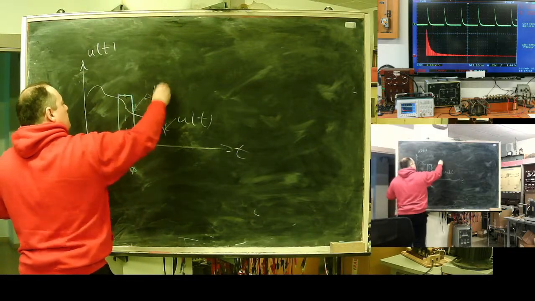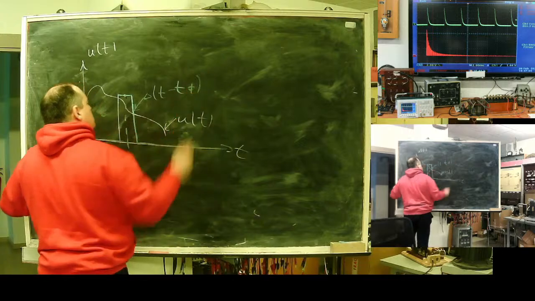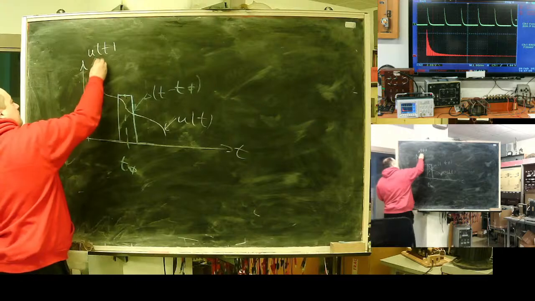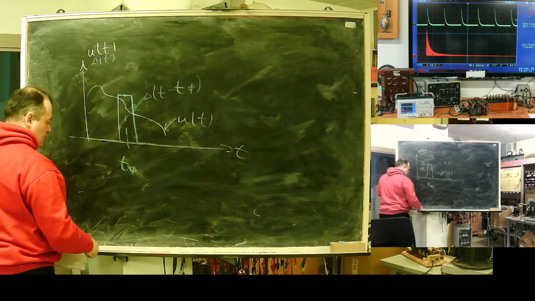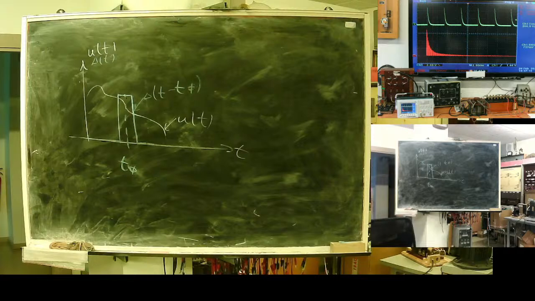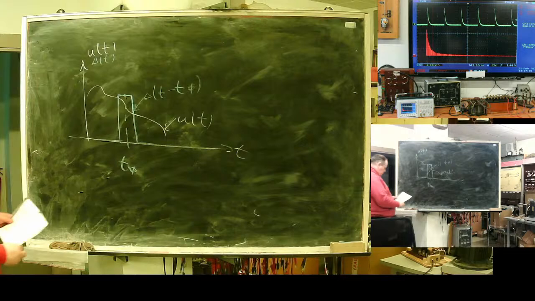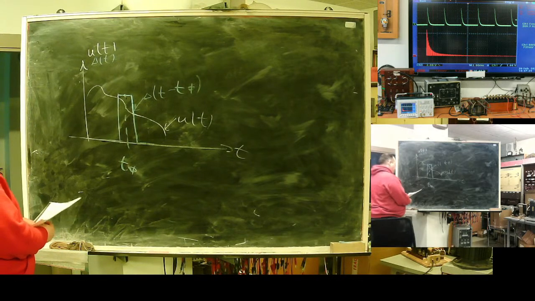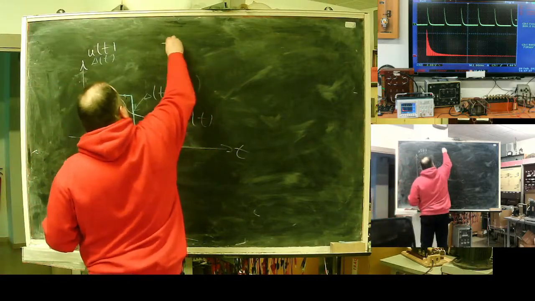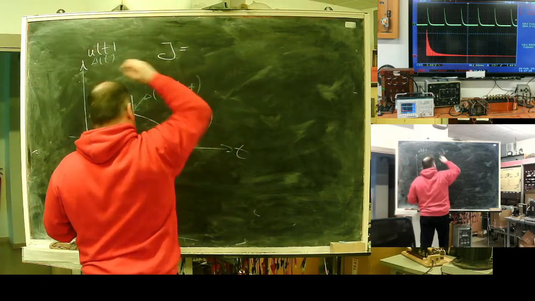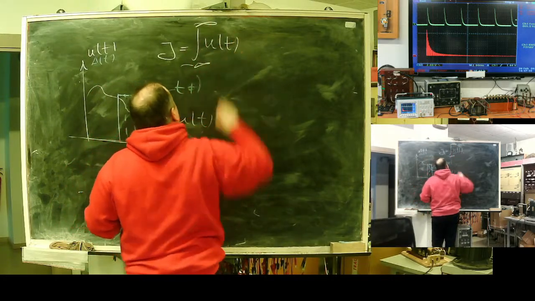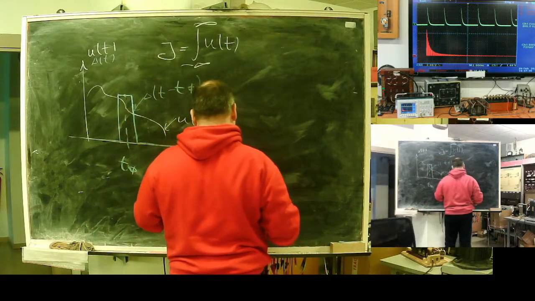This is my delta function, but shifted in time. I would like to analyze what will be the result if I calculate the area of this product.